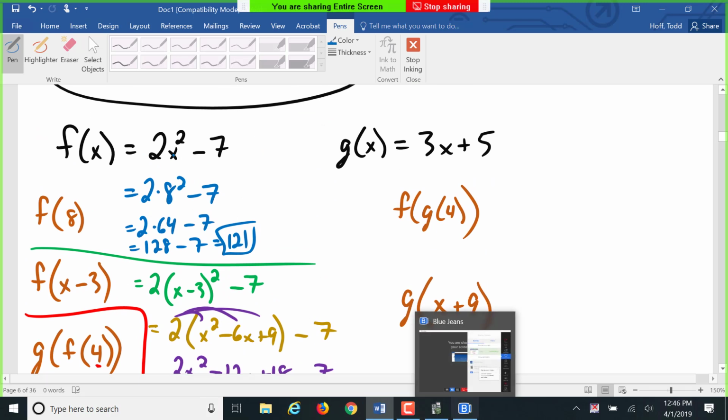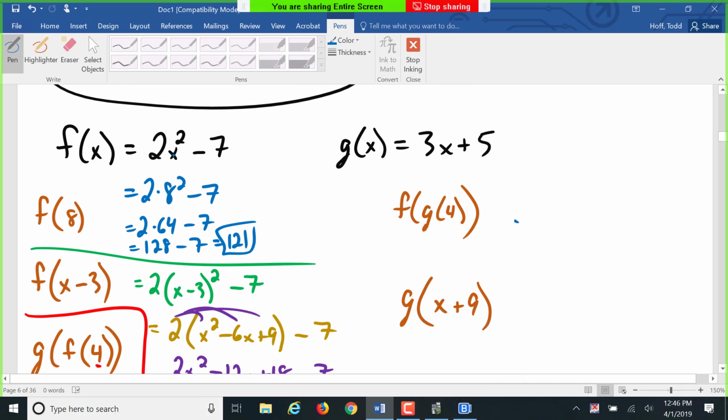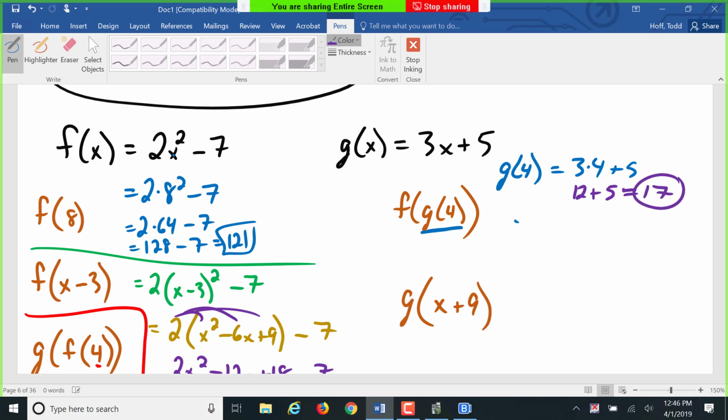F of g of 4. That's saying we've got to find g of 4 first, which is 3 times 4 plus 5, which is just 3 times 4 is 12, plus 5 is 17. So now this becomes f of 17.